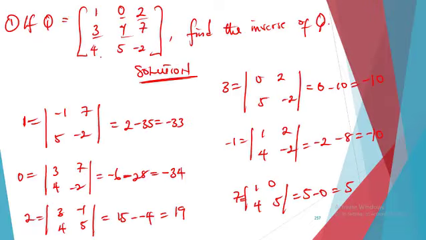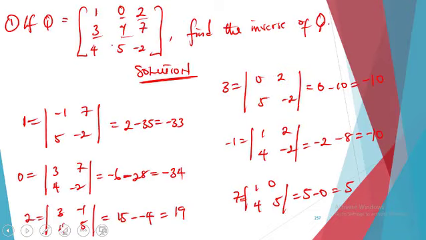We'll go over to 4. 4 will then be equal to, eliminating this and this, I have 0 2, minus 1 7. Okay, and then that will give us 0 times 7 is 0, minus 2 times minus 1 is what? Minus 2, and that will give us 2.